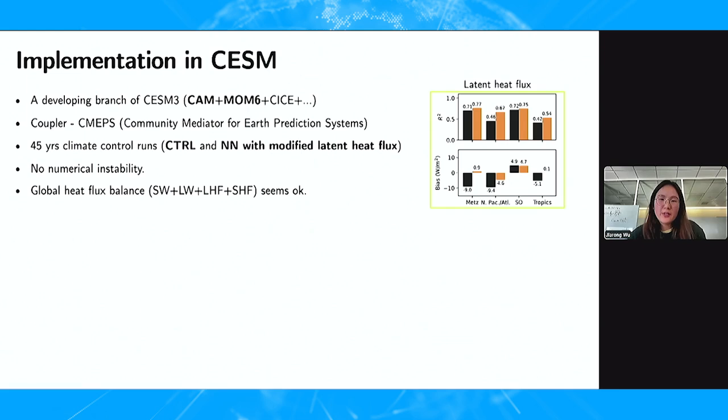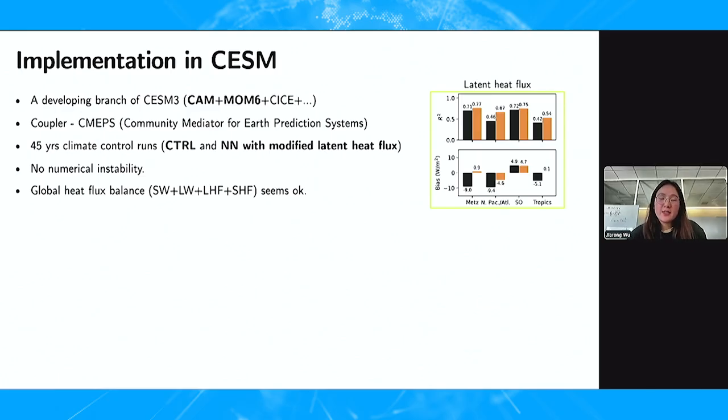So this is already with MOM6 as the ocean model. And I did 45 years of climate control run. So I have a control case and a neural network case in which I've so far only modified the latent heat flux, because as we recall, this is where we see the most improvements from the neural network.